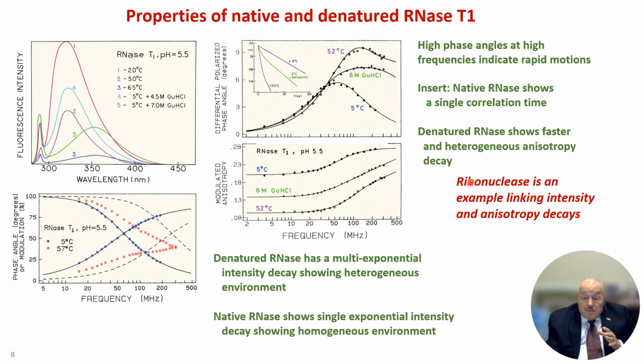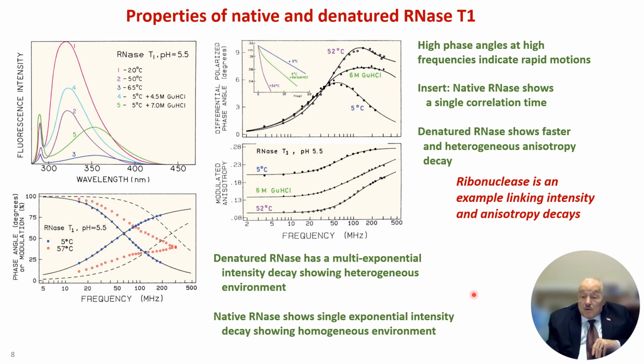The modulated anisotropy says the same thing. It's a complicated term, and I didn't talk much about it in the previous lectures, but for the moment we can consider it to be like a steady state anisotropy, especially at low frequency. So the steady state anisotropy at low frequency is high, and when we denature the protein, the steady state anisotropy goes down because the tryptophans are rotating freely.